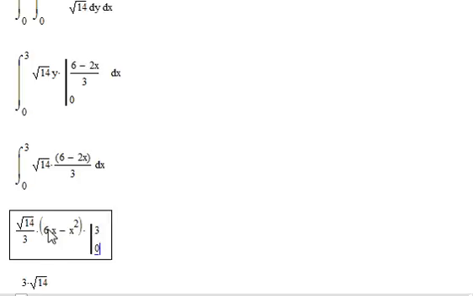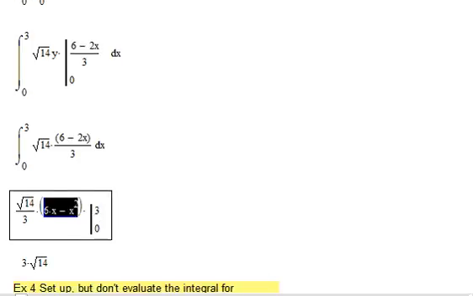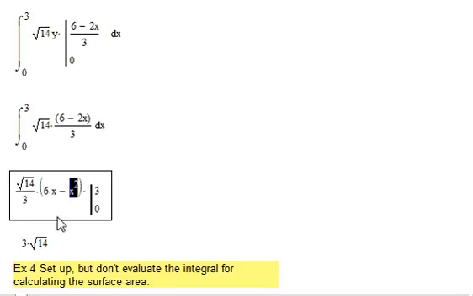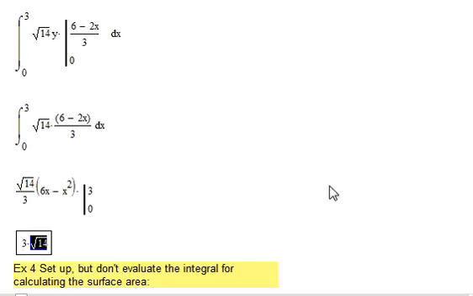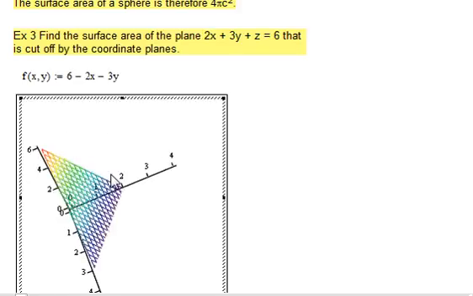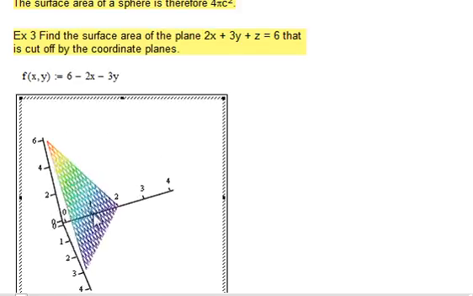Of course, you put in 0, this expression is 0, and you put in 3, you get 18 minus 9, which is 9, so that 9 cancels with this 3 and gives us 3 square root of 14. That would be the area of this rainbow-colored triangle.